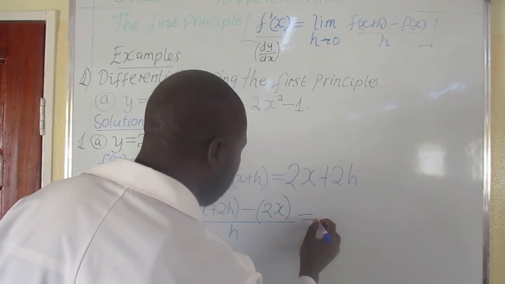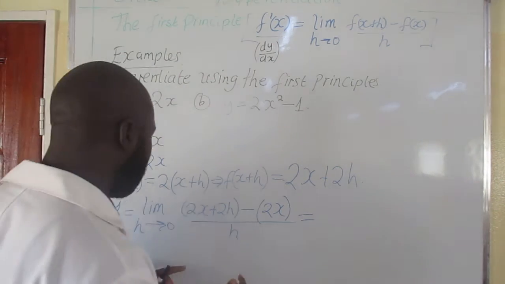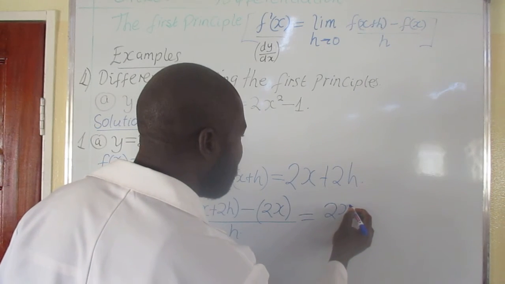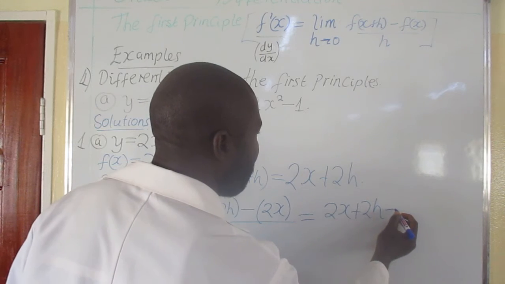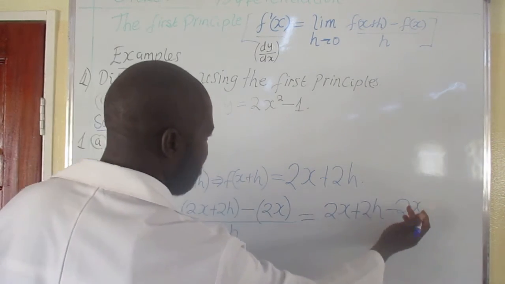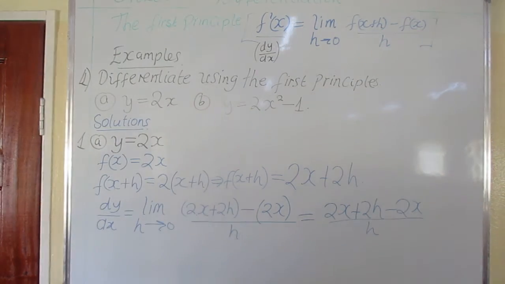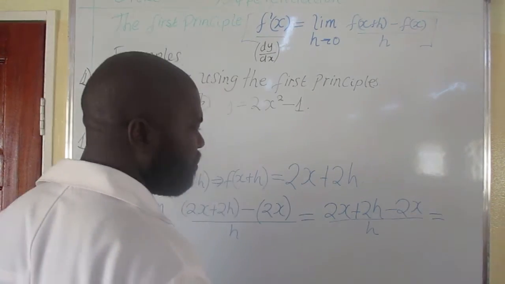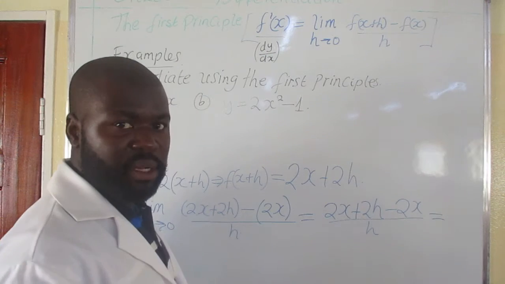So that we have, let's remove the brackets. Continuing this limit, we have 2x plus 2h minus 2x. Everything over h. So at this point, you look for like terms on the numerator.